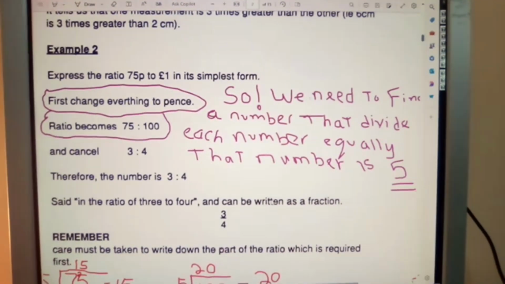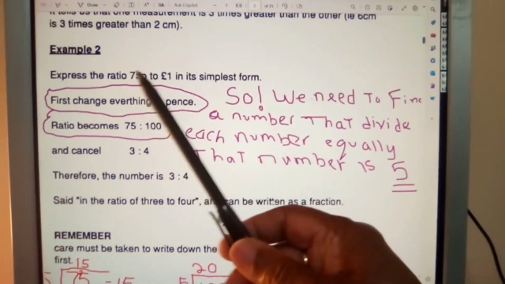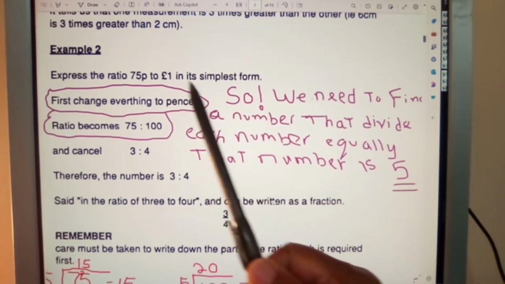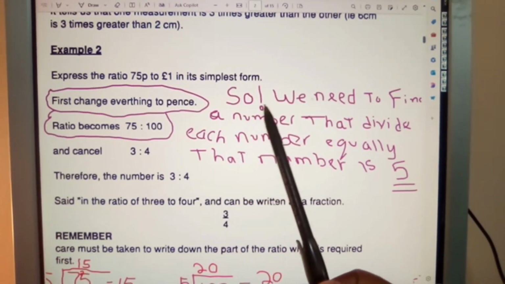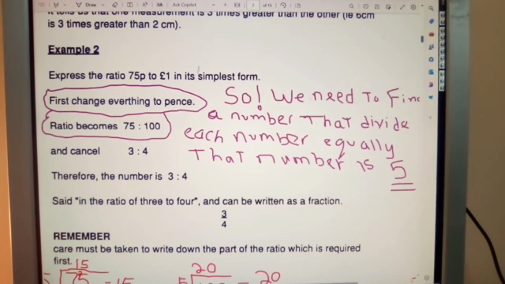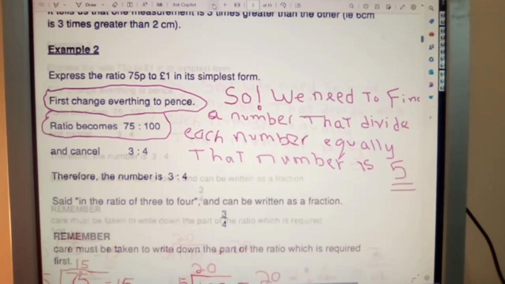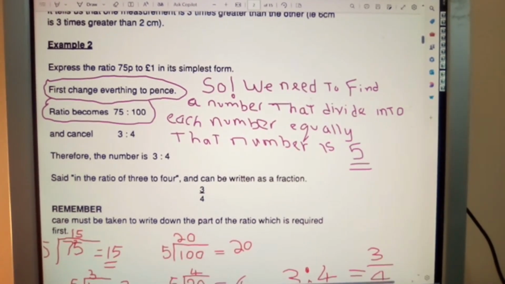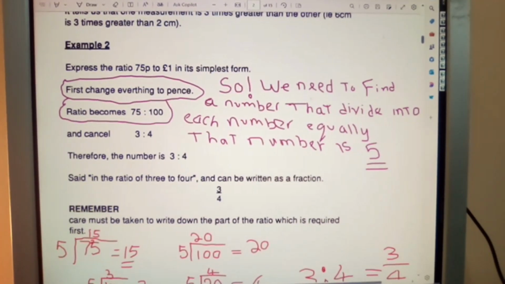Example 2. Express the ratio 75 pence to £1 in its simplest form. So we need to find, hang on, let me just bring this down a little bit.